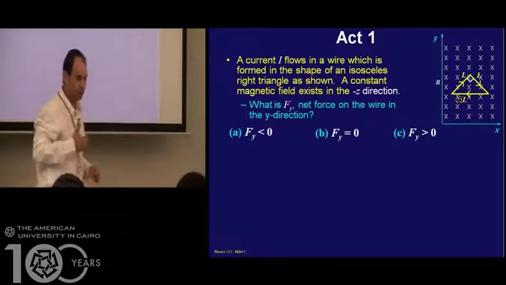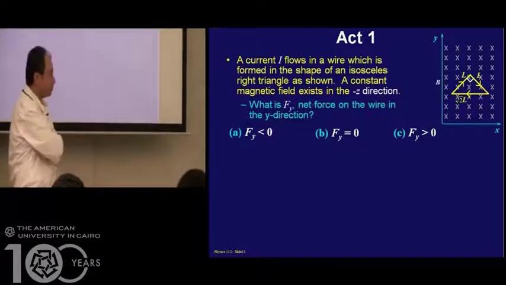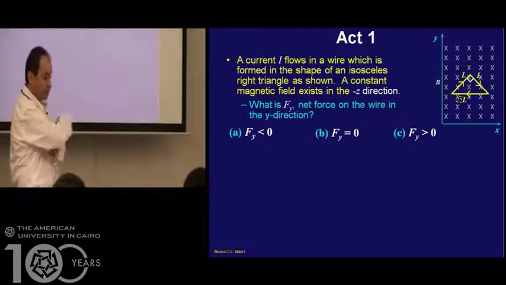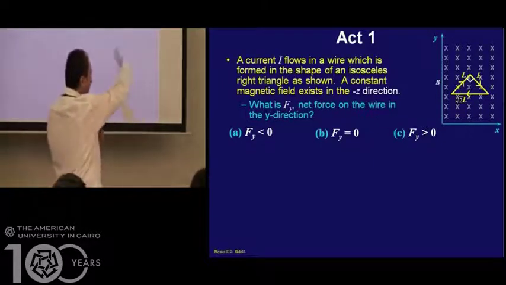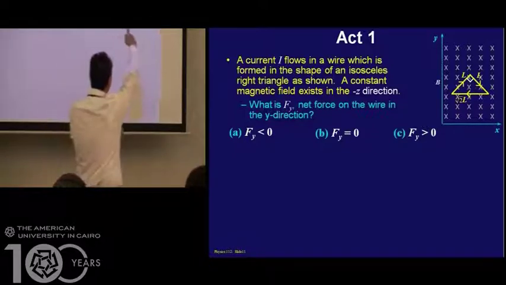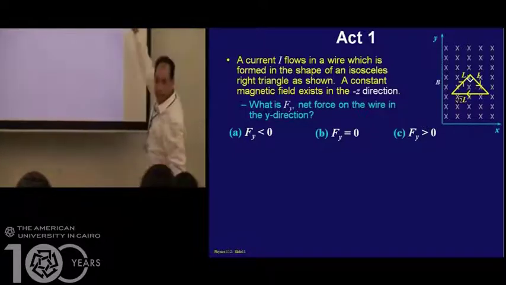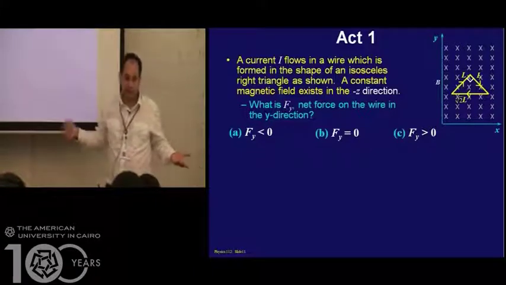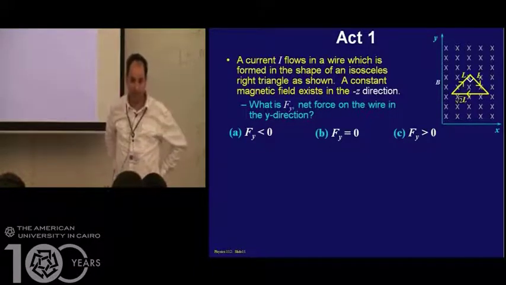Okay, sure. It will have an upward component, and the other side has an upward component. No, actually the force on that side is going to be in that direction, and so the Y component will be in the negative Y-axis.